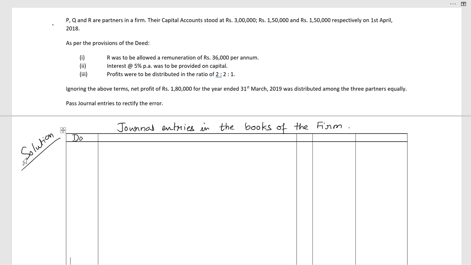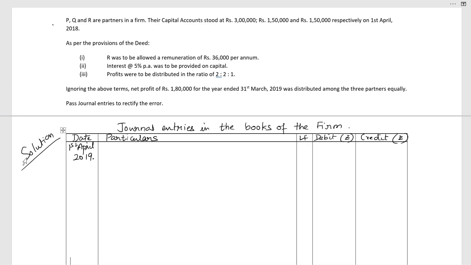Date, particulars, LF, debit rupees and credit rupees. All the journal entries will be on 1st April 2019.